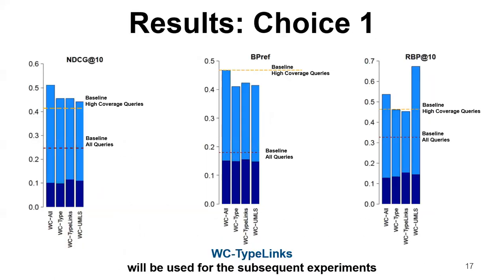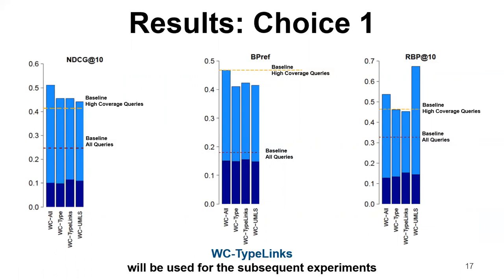Now let's take a look at results from all choices that we considered in step 1. This plot shows effectiveness of queries expanded using Wikipedia knowledge bases. The dark colored bars, the ones at the bottom, are the average of all queries, and the light colored bars, the ones on top, are the average of high coverage queries.